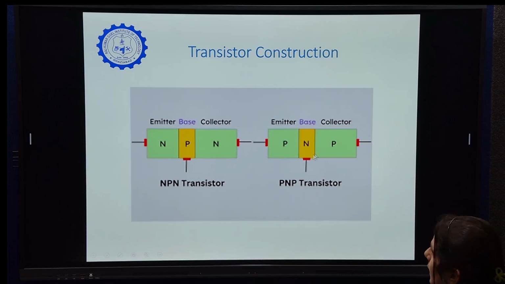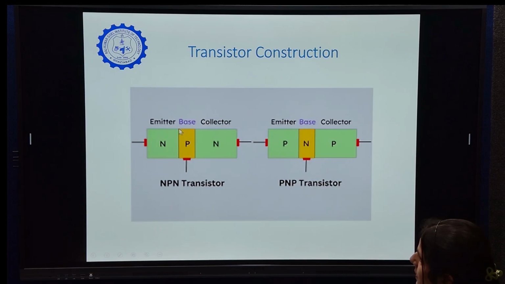This is the same in PNP transistor. There are three layers in NPN and PNP transistor. This is the first layer, second and third. This is junction J1 which is formed between emitter and base. This is junction J2 which is formed between base and collector.